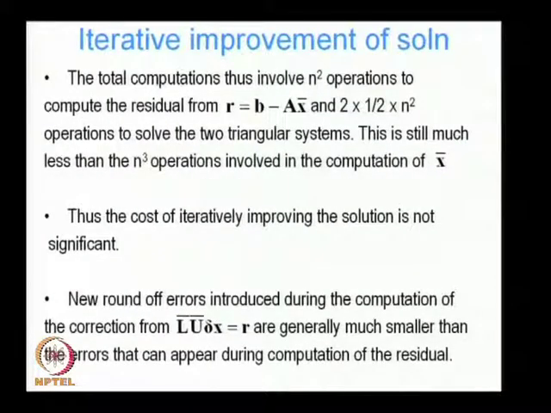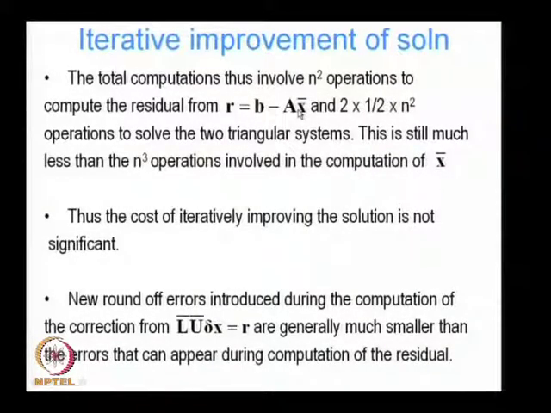The total computations in this improvement to the original solution involve n square operations due to the computation of the residual. In order to compute the residual, we have to compute b minus A x bar. A is an n by n matrix, x bar is an n by 1 vector. So, this involves n square operations.